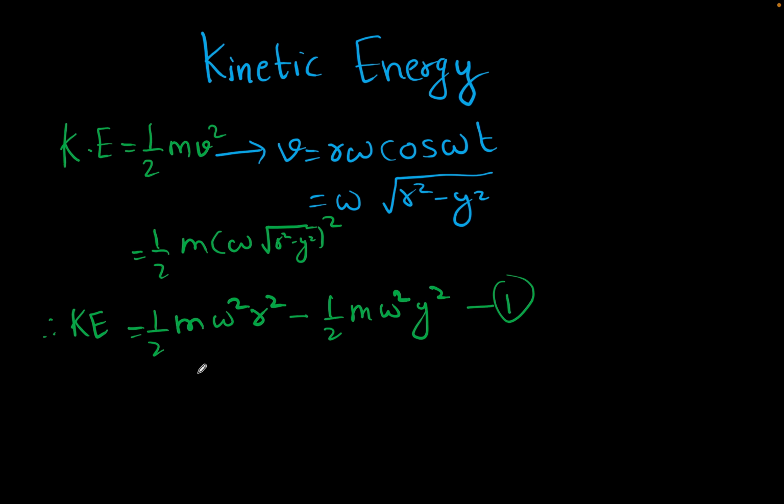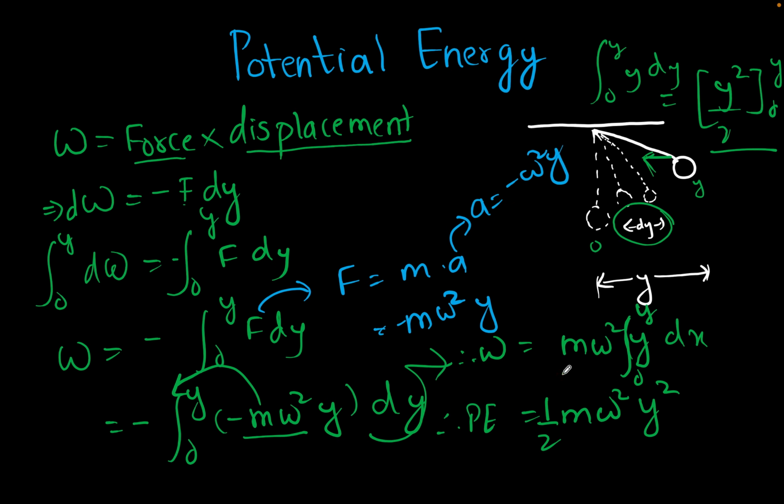Now we have our kinetic energy and we have our potential energy. So the total energy is simply the sum of kinetic energy and potential energy.